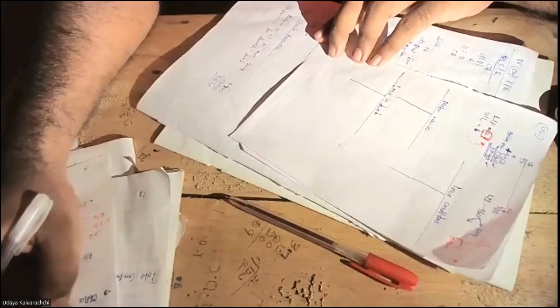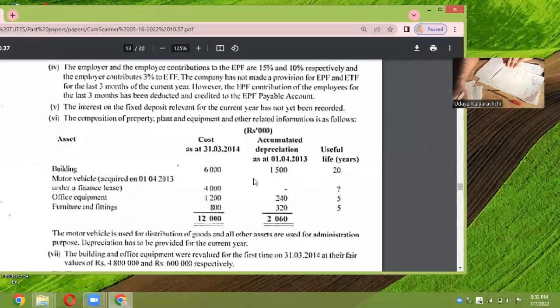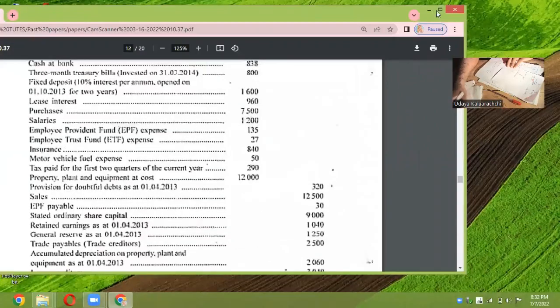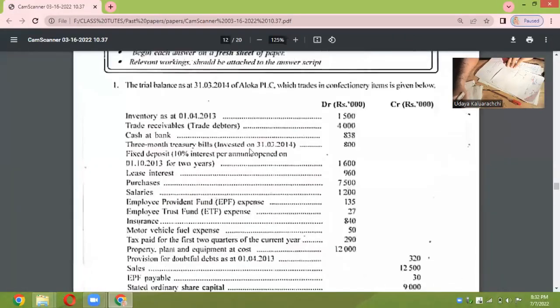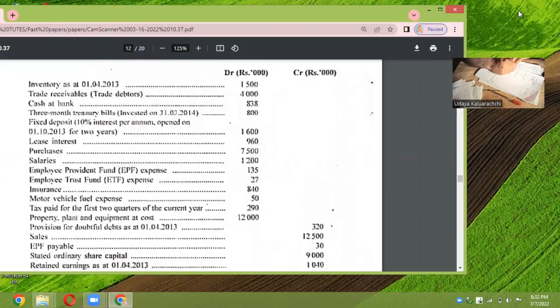Right. දැන් ඔයා බලන්න trial balance එකේ තියෙනවා පුතේ lease interest කියලා 960 හරිනේ. එහෙනම් ඒක මුලින්ම open balance එක දාගන්න.